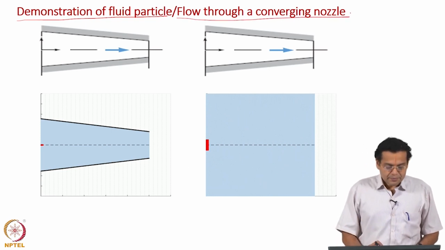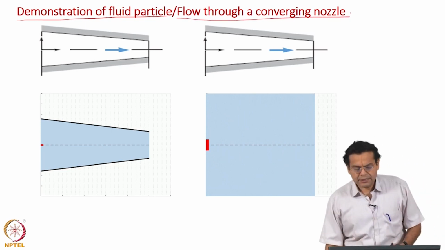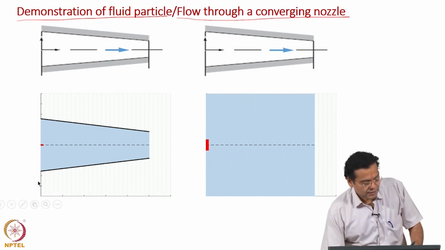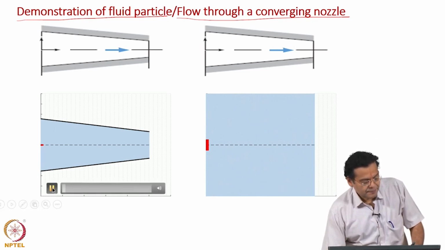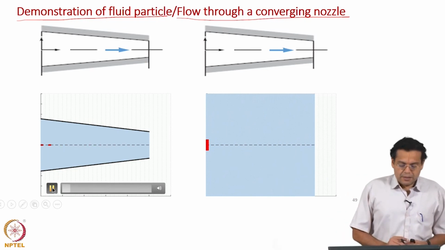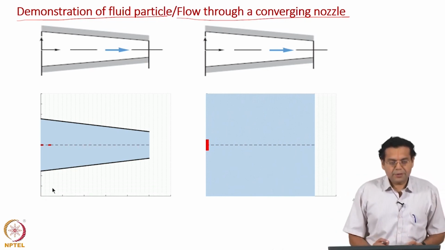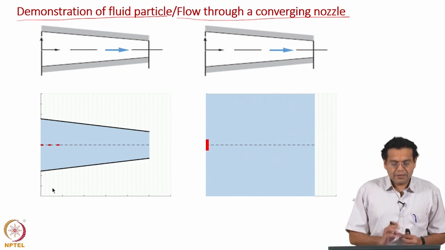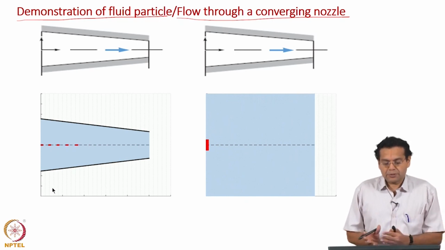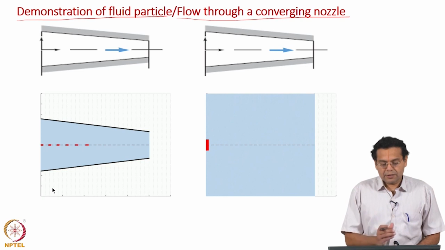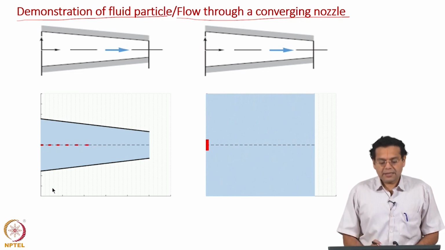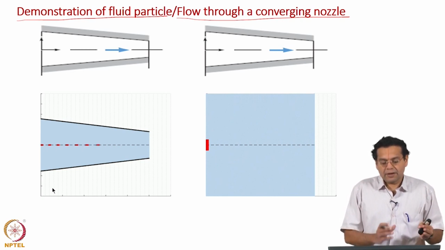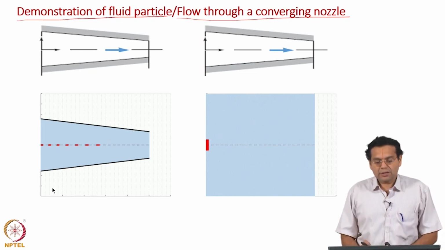And then we had simulations in two scales. One, when I just ran, we were tracking the fluid particle, which should be very small, and for the same time interval it travels a longer distance as it travels along the length of the channel, because it is a converging channel and the velocity increases along the direction of flow.